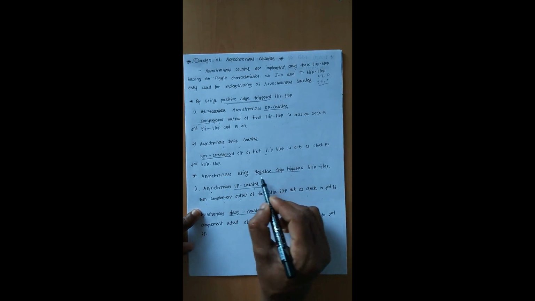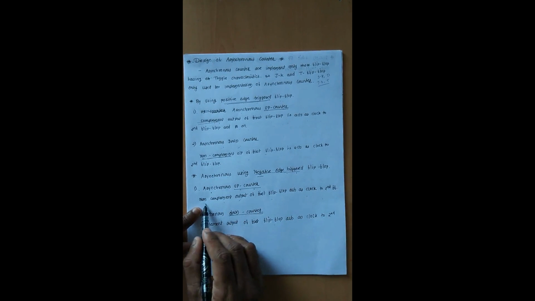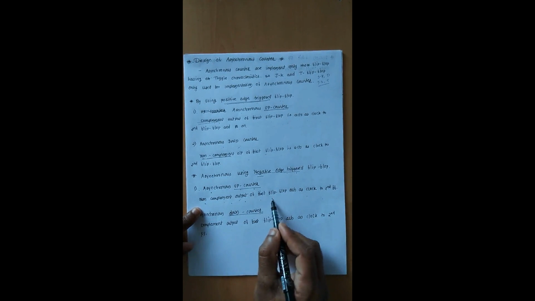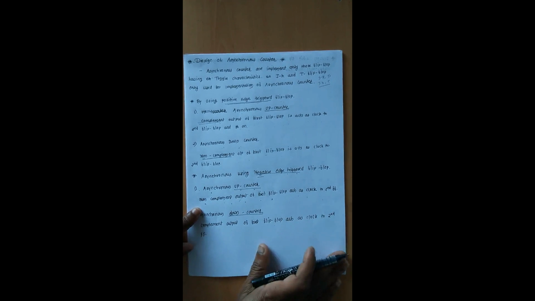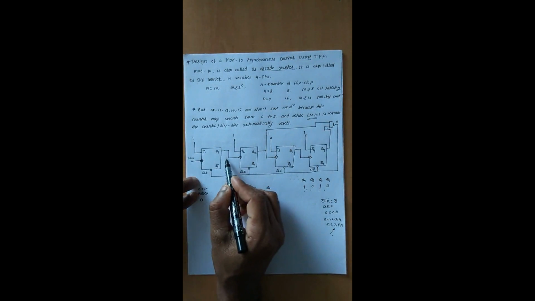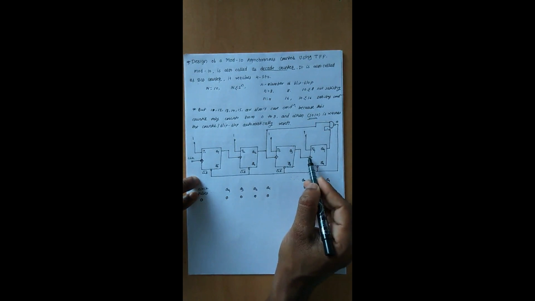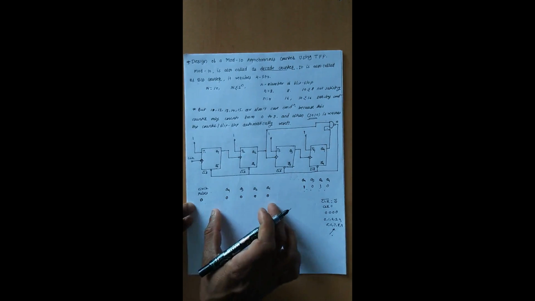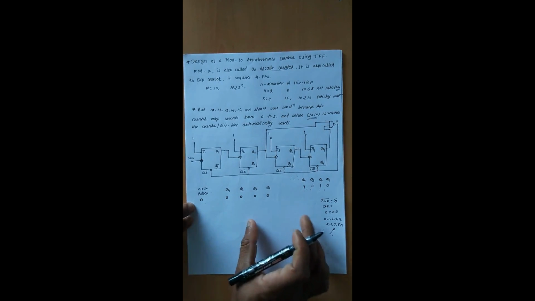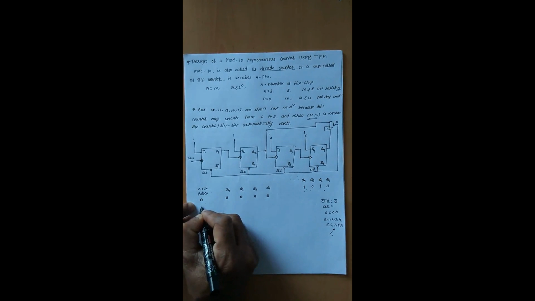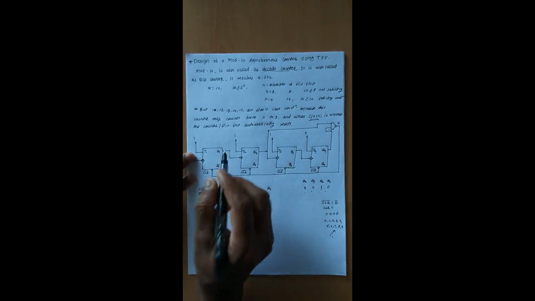That's why there is an asynchronous up counter using negative edge triggered flip-flops, in which the non-complement output of each flip-flop acts as a clock to the next one, and so on. At the initial condition, we assume there is no clock, so the contents of all the flip-flops are 0 0 0 0. When the first clock is applied, definitely this is a toggling condition.